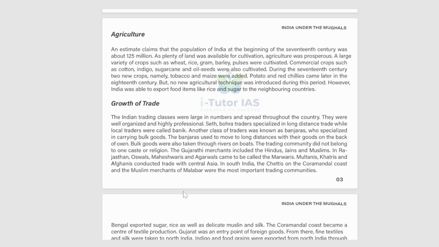During the 17th century, two new crops, namely tobacco and maize, were added. Potato and red chilies came later, in the 18th century, but no new agricultural techniques were introduced during this period. However, India was able to export food items like rice and sugar to neighboring countries. That's about agriculture.